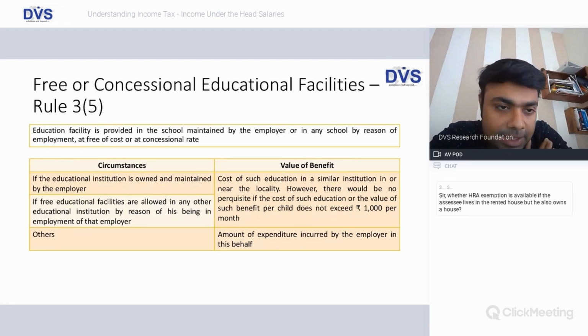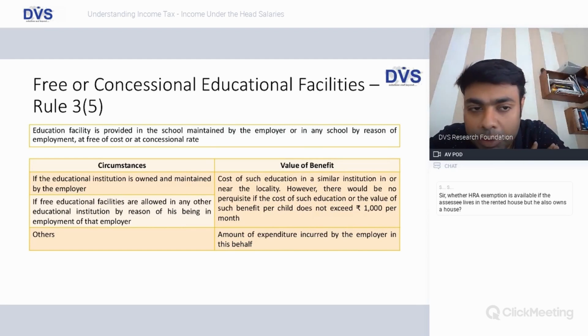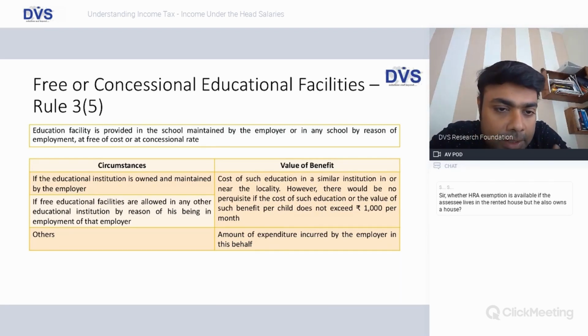Free or concessional education. Educational facility is provided in the school maintained by the employer or a school which the employer has an affiliation. In such case, the value of the benefit, if it does not exceed 1000 per month, it is not taxed. Please understand, if it does not exceed 1,000, it will not be taxed.